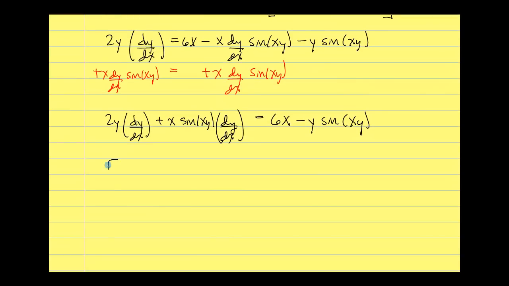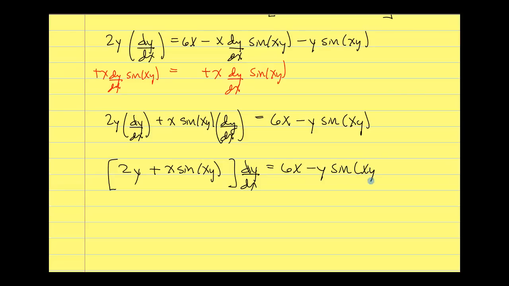Now over here, I want to factor out a dy/dx. There's a dy/dx common to both of these, and if I factor it out, I'm left with 2y plus x sine xy. Over here, I have 6x minus y sine xy. Then to solve for dy/dx, I divide both sides by the coefficient in front of dy/dx.